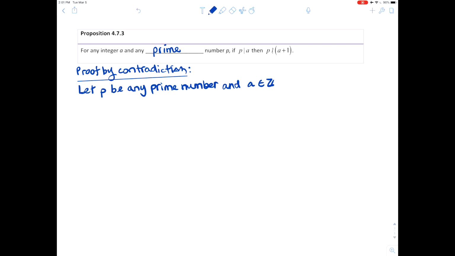So, suppose we have an if-then statement, right? So how do you negate an if-then statement? Awesome. You got to use De Morgan's laws. So the negation of if p divides a, then p does not divide a plus 1 would be, suppose, what?